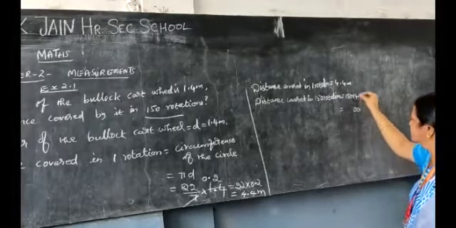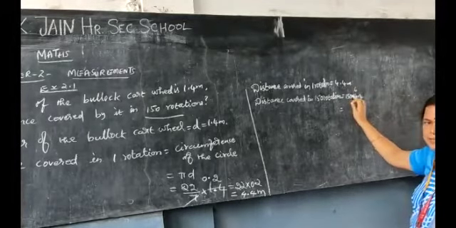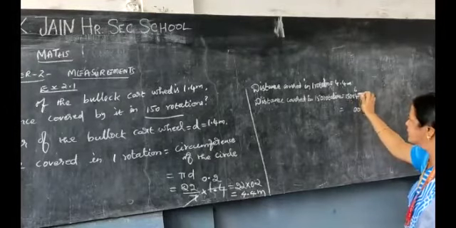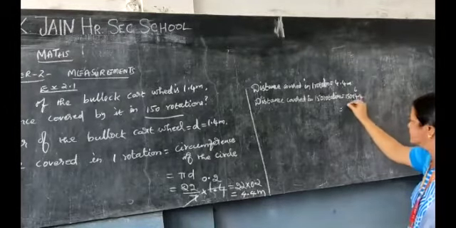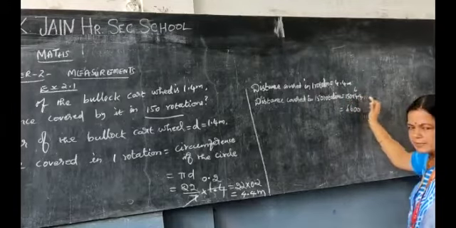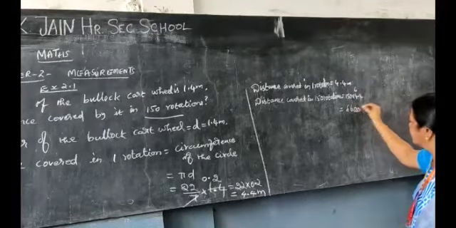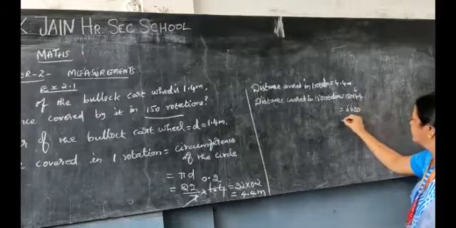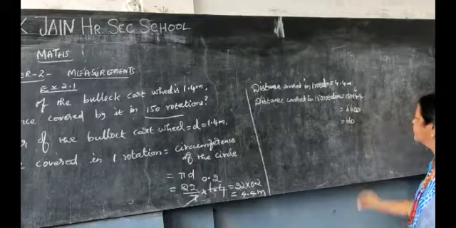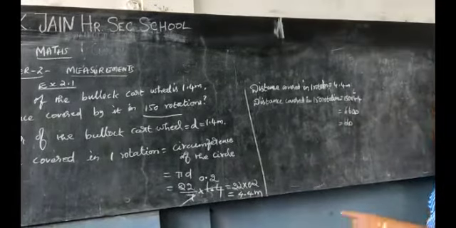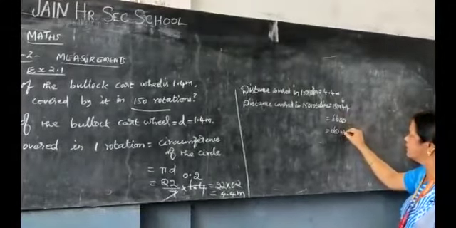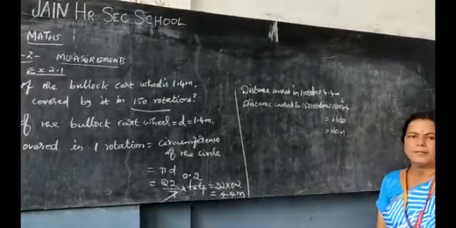For that 0, 6 keep it here as balance. Again in the 15 table, 15 fours are 60. So 60 plus 6 is 66, isn't it? Here one point is given, so keep the point before this 0. Then you will get 66.0. The point should be visible. And the distance covered in 150 rotations is nothing but 660 meter.